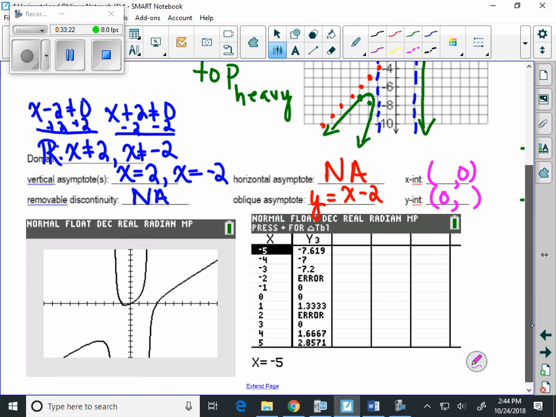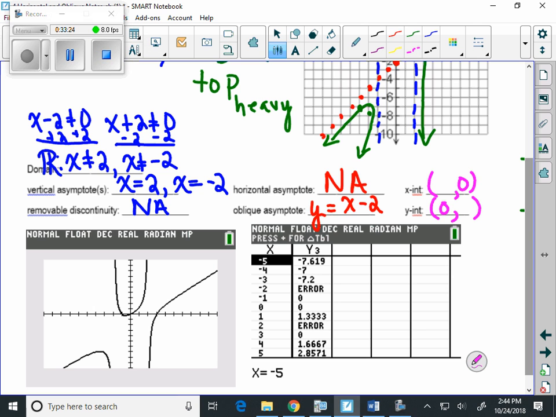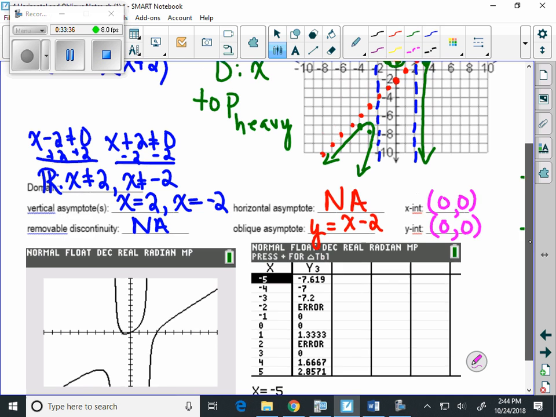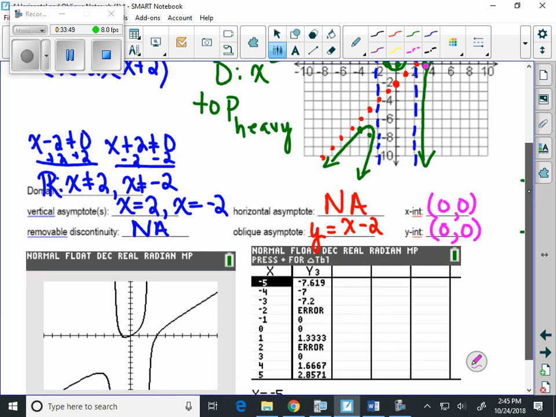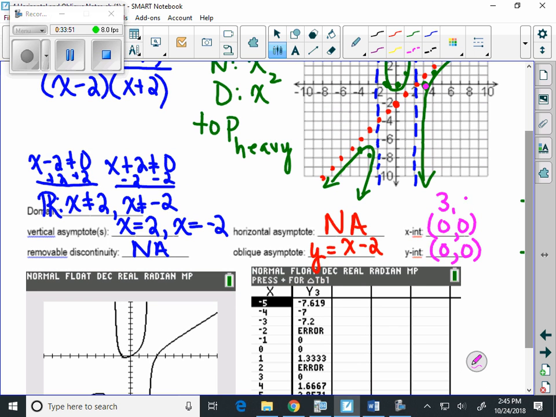And if we look here at the screen, what we see is that we have point (0, 0), which not only is a y-intercept, it's also an x-intercept. But if we look real closely here at the graph, our graph crosses the x-axis more than once. And it happens that it crosses the x-axis at this particular point as well, which is (3, 0).